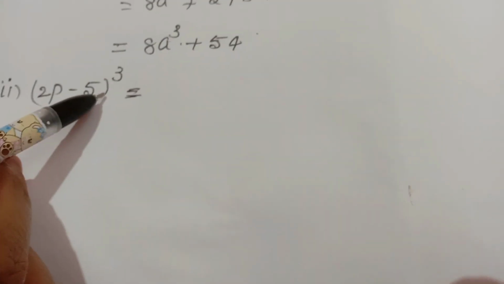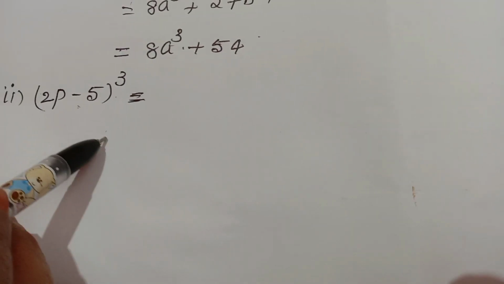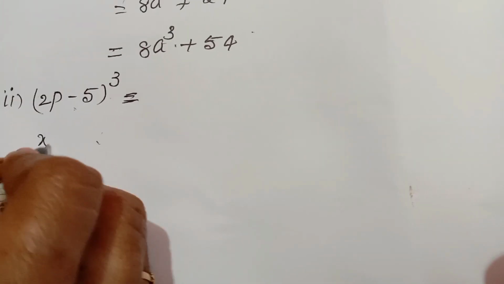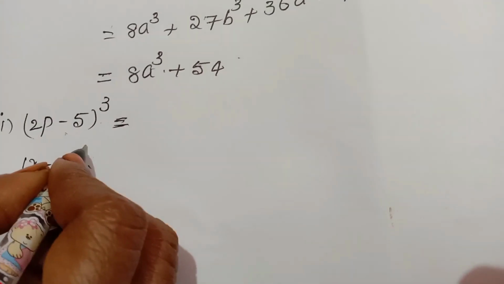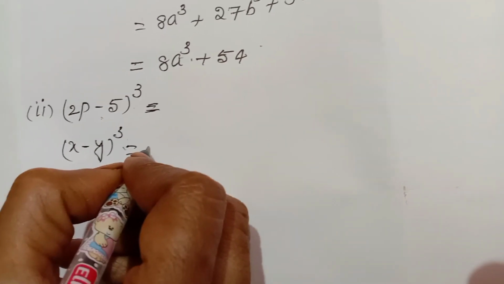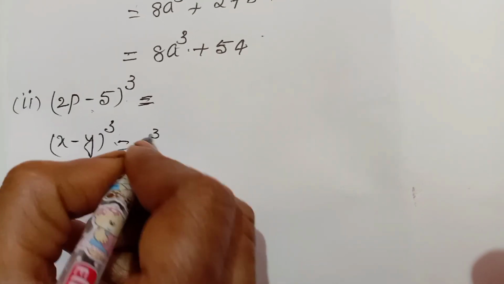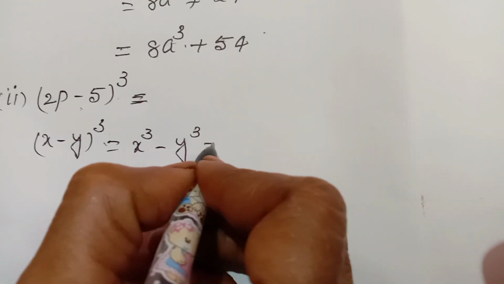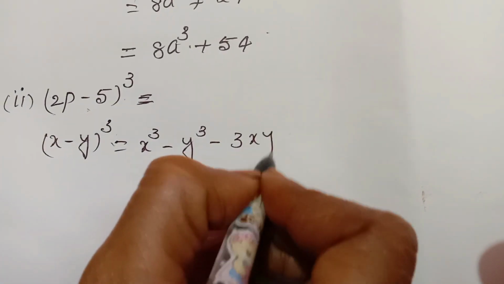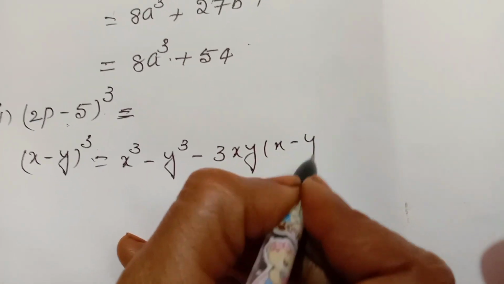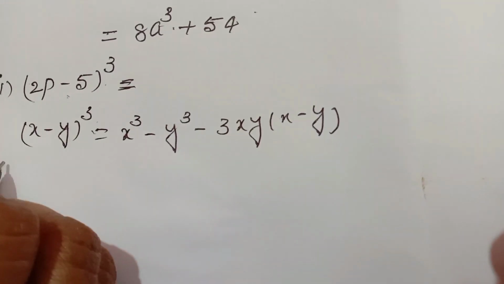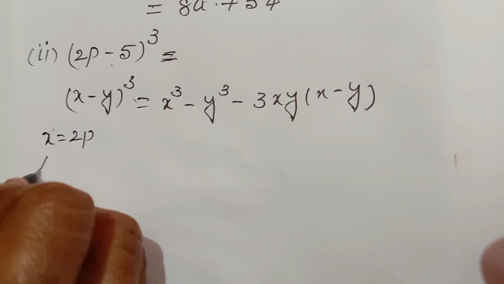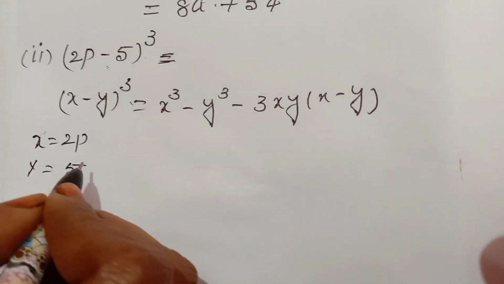2p minus 5 whole cube in the expanded form. Comparing the given expression with x minus y whole cube, that is equal to x cube minus y cube minus 3xy into x minus y. We find that x is equal to 2p, y is equal to 5.